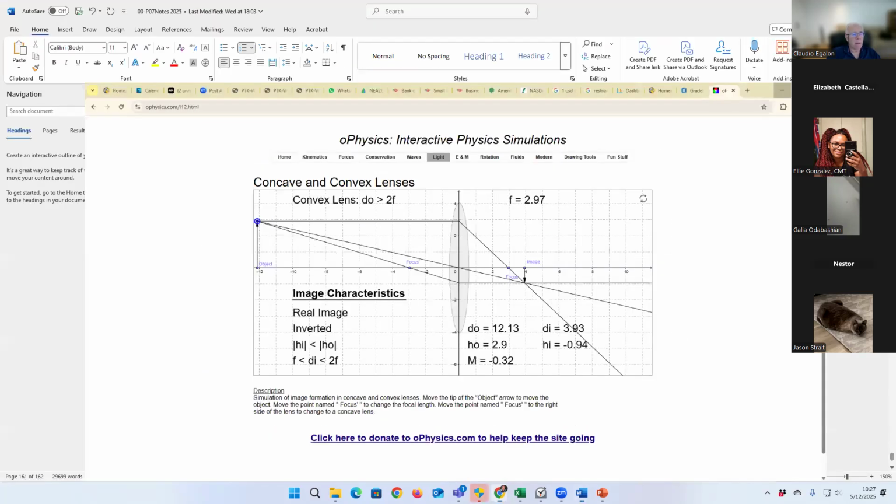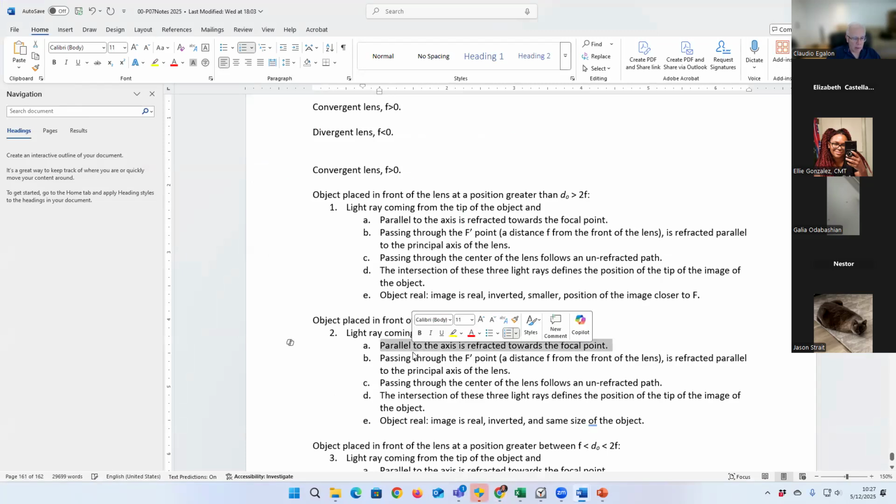Okay? Now, light rays. I think it's better if we put one here, coming from the tip of the object.